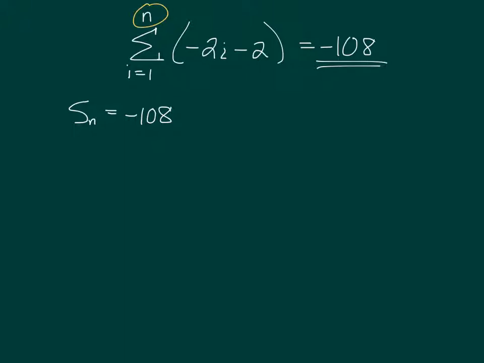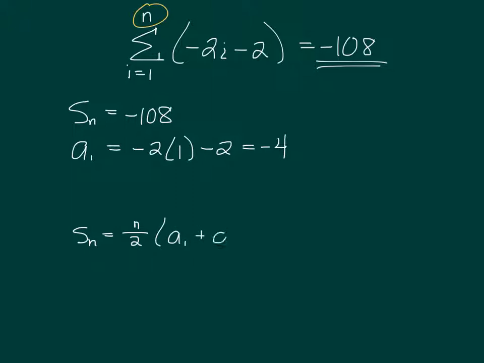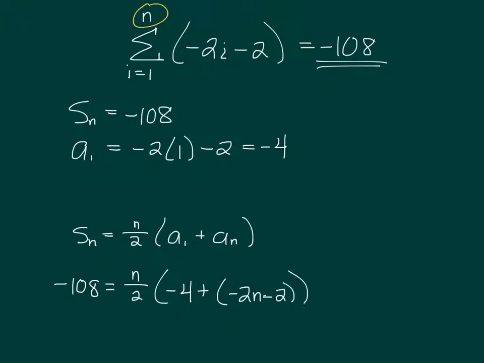And you know that the first term is what you get when you plug in 1 for i, which is -4. So our formula for the sum of the first n terms is n over 2 times the first term plus the nth term, right? We know -108. We know n over 2. We know this is -4. And what is the nth term? All we know is this, right?